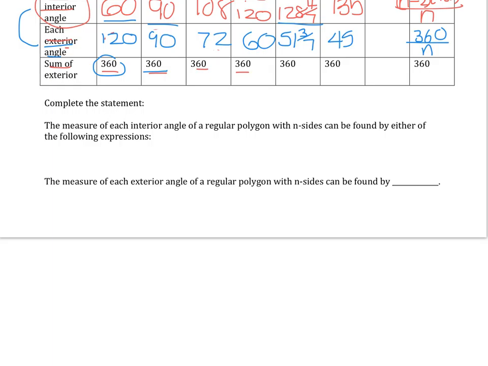So, the measure of each interior angle of a regular polygon with n sides can be found two ways. We can go n minus 2 times 180 and divide that by n.